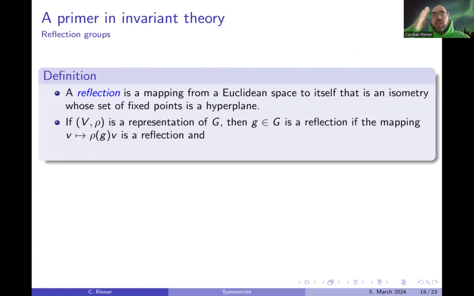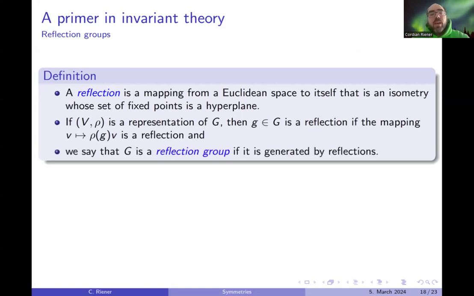A reflection is just what you think about. You have a hyperplane in your space, and the reflection is just taking one element and mapping it to its mirror on the other side. So this is what we call the reflection. And we say that a group is a reflection group if it is as a group generated by its reflections.